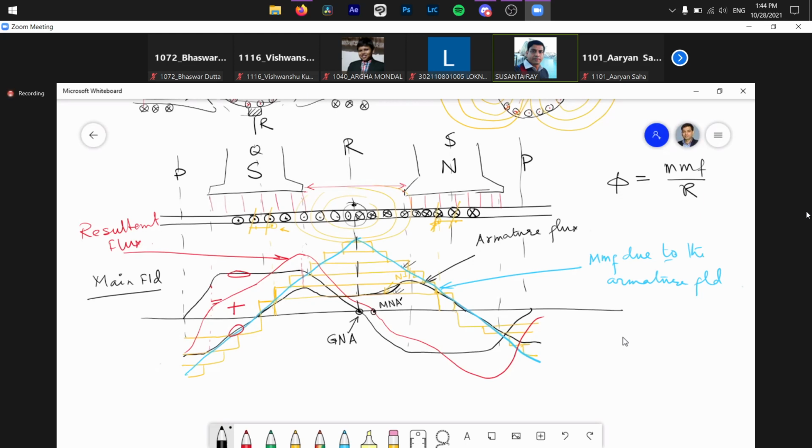So due to the symmetry, your magnetic neutral axis and the geometric neutral axis were the same. But now, after the armature reaction, the magnetic neutral axis has been shifted from the geometric neutral axis towards the right.